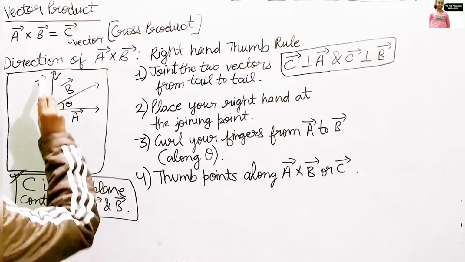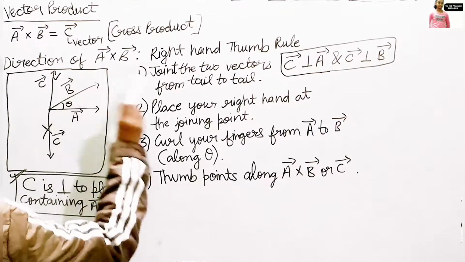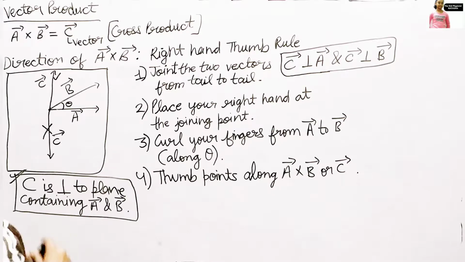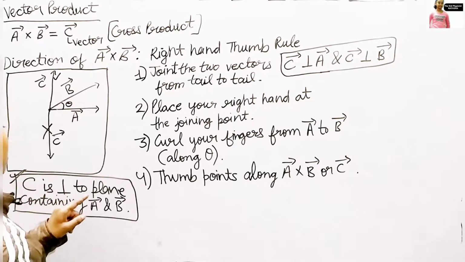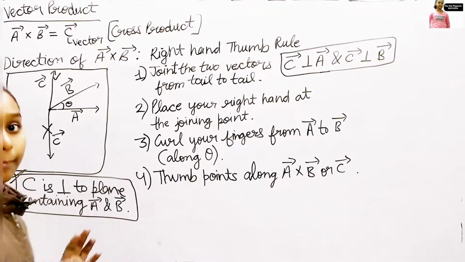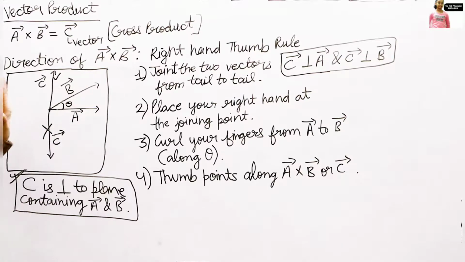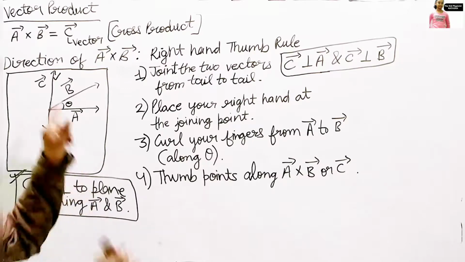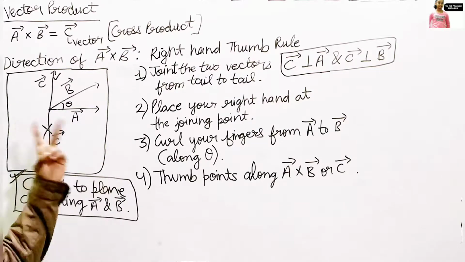Suppose vector C is here and vector B and vector A are in another plane, then this will be wrong. Then I don't know that C will be perpendicular to the plane containing vector A and vector B, but these all vectors are in the same plane, so we can say that C is perpendicular to the plane containing vector A and vector B. So don't be confused about the two planes.